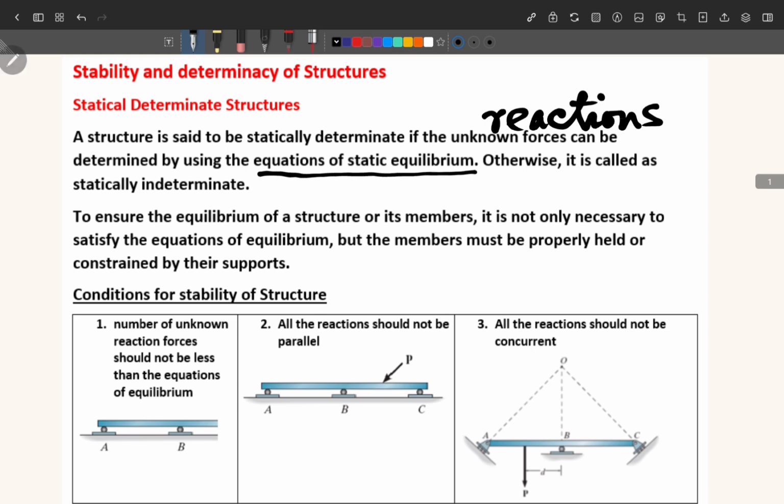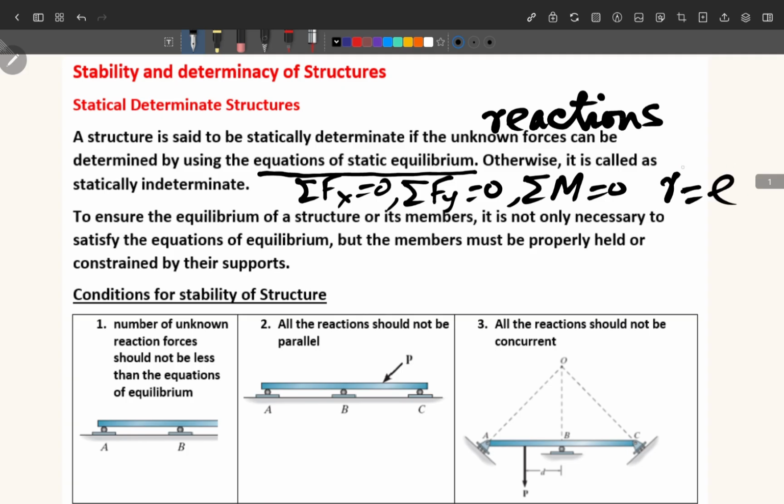The equations of static equilibrium are sigma Fx equal to 0, sigma Fy equal to 0, and sigma M equal to 0. These are the three equations of static equilibrium. If R is equal to E, where R is the number of reactions and E is the number of equations of static equilibrium for that structure, then we say that our structure is statically determinate.